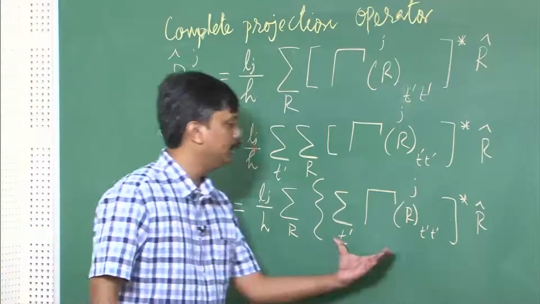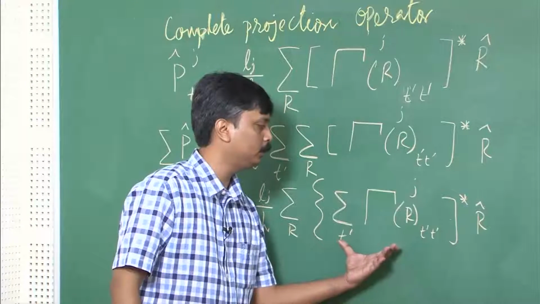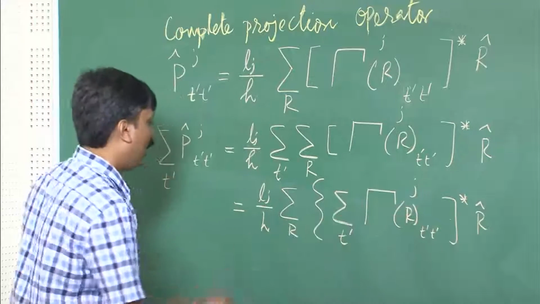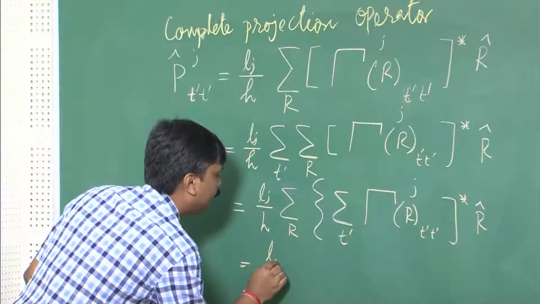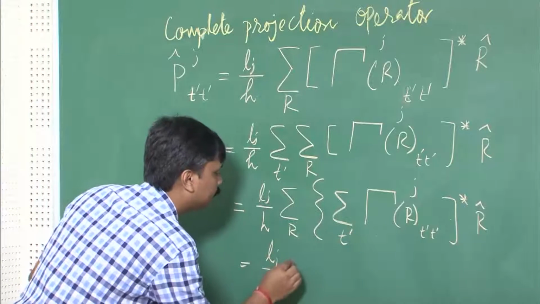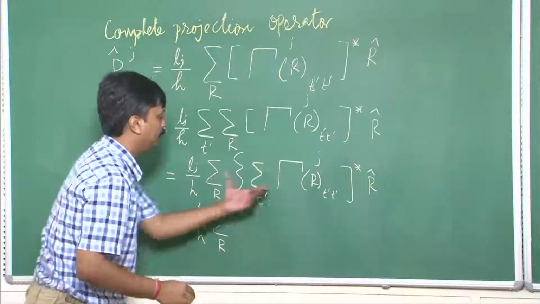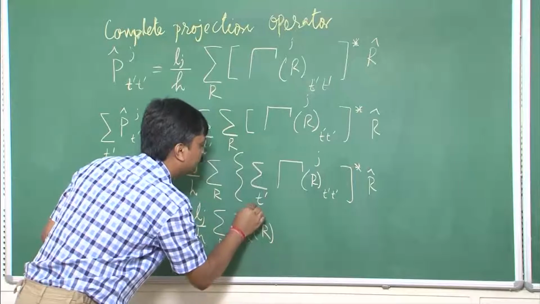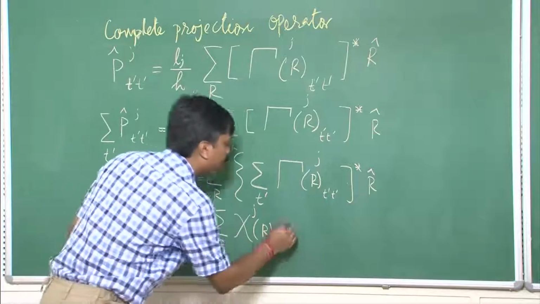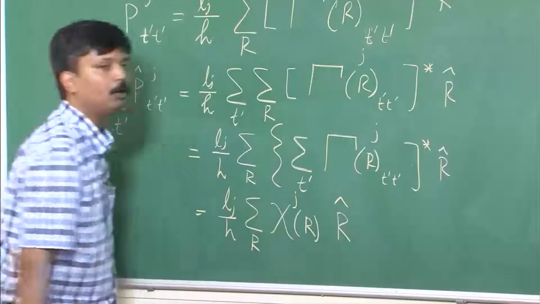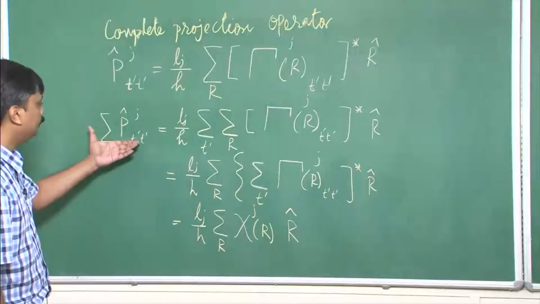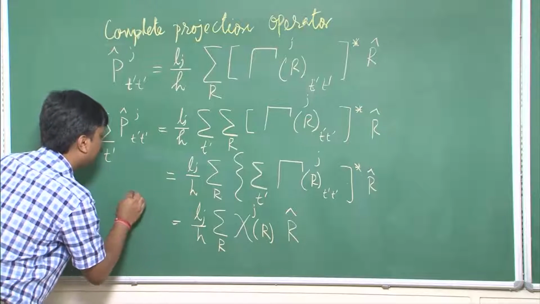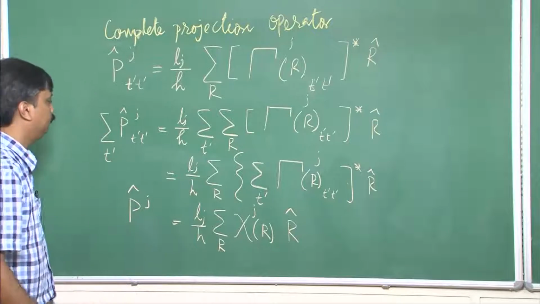Correct. Now this corresponds to the character of this jth irreducible representation, correct. So I rewrite this one as Lj by H sum over R, and this one is chi of R for the jth irreducible representation, followed by the symmetry operation. And this particular one we can write as Pj simply, correct?